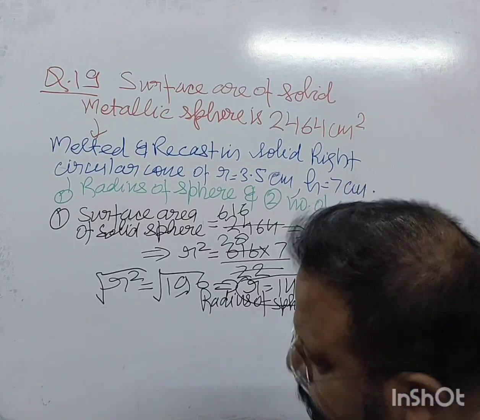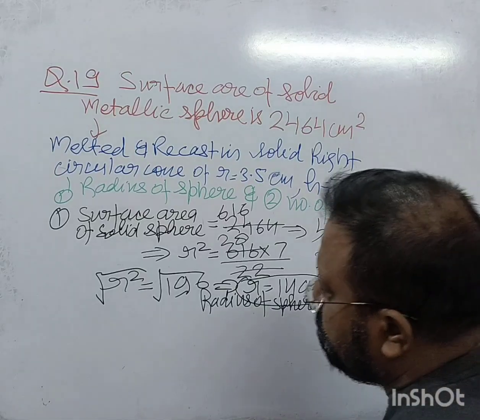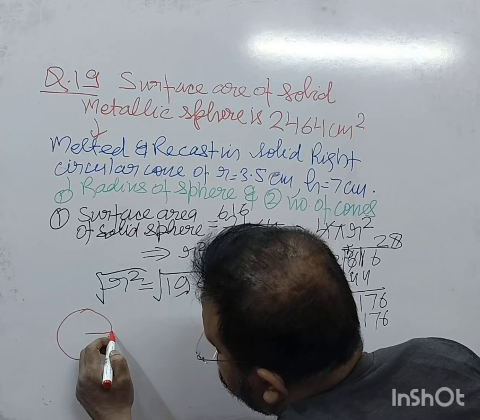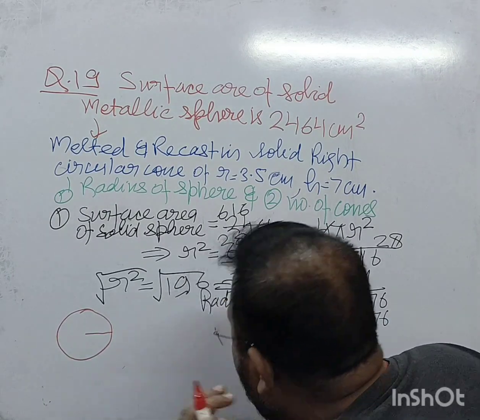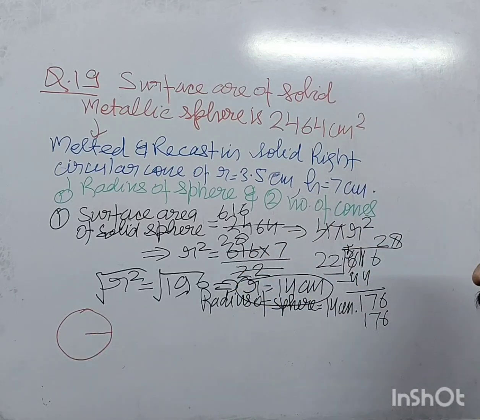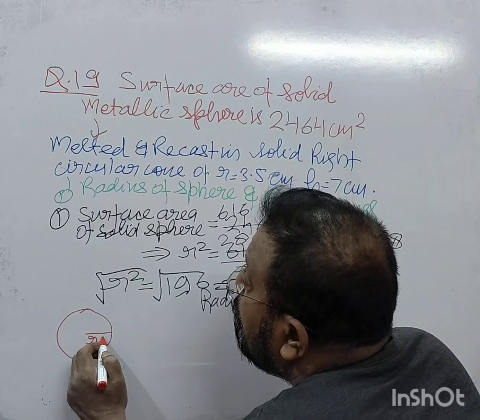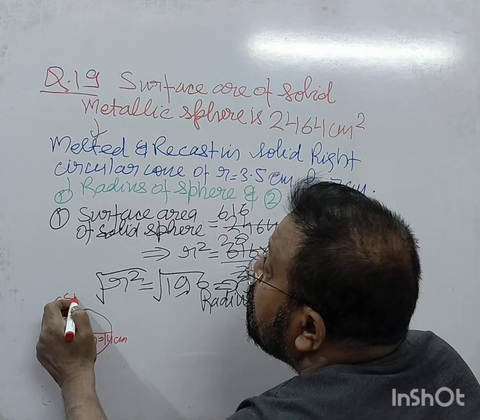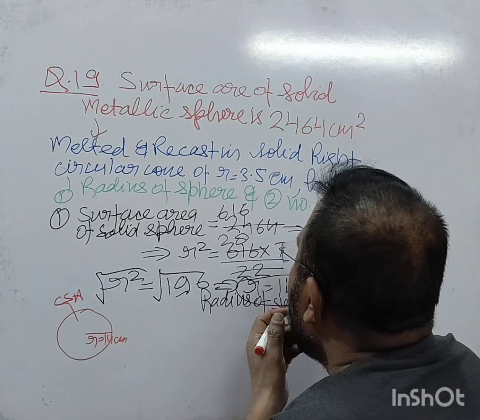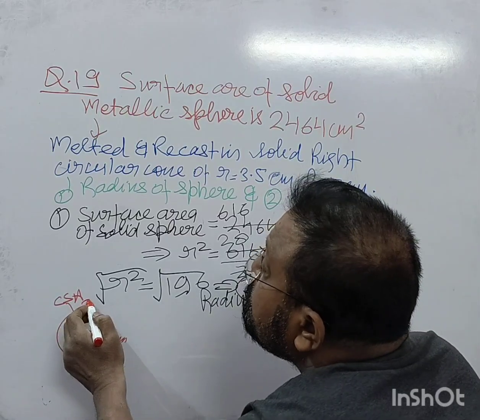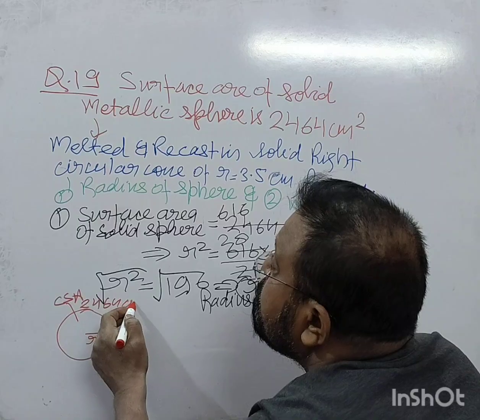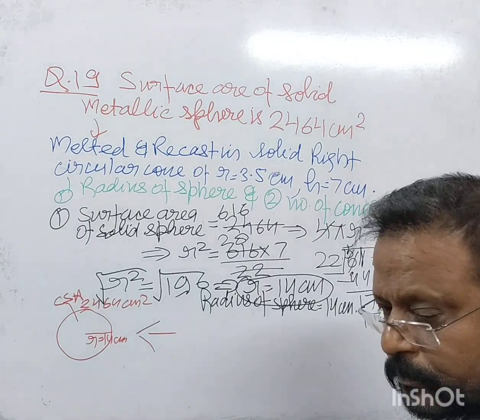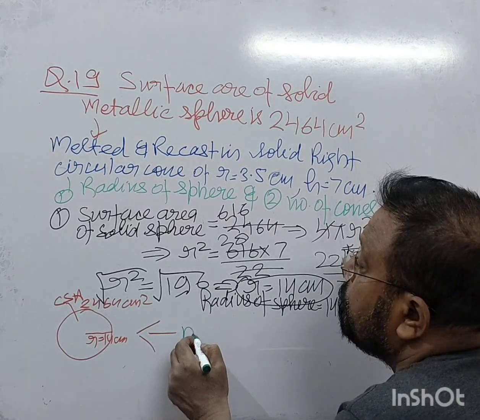Now this solid sphere of radius 14 centimeter and total CSA 2464 centimeter square is converted into n number of cones.